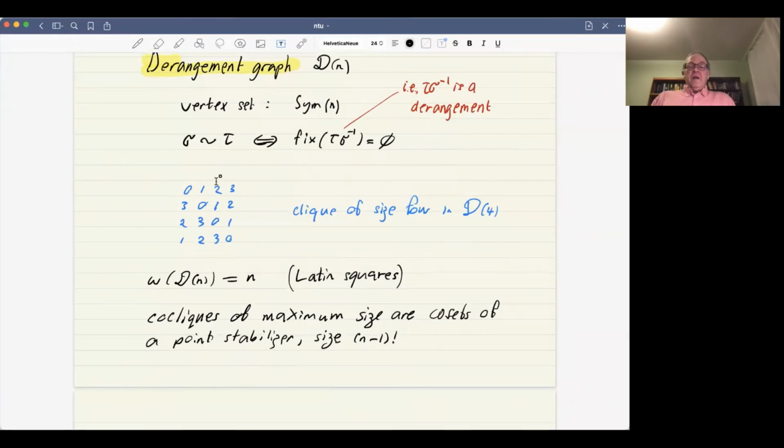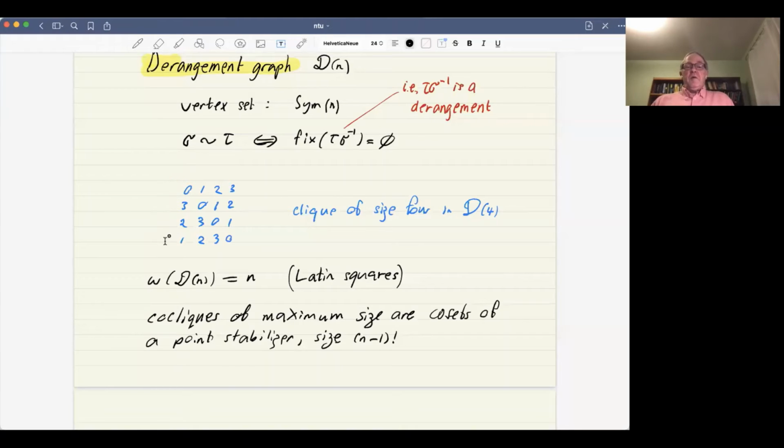And again, that's a graph on n factorial vertices. Now, for coloring purposes, the questions are: what are the cliques, what are the co-cliques, what is the chromatic number? Well, it's easy to see that, for example, I've given you four permutations that form a clique of size 4 in the derangement graph D(4).